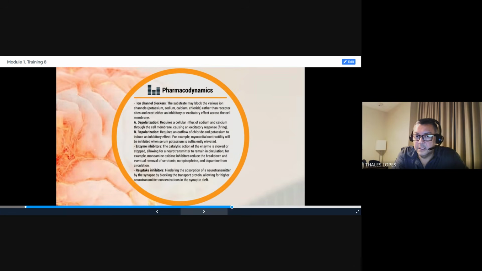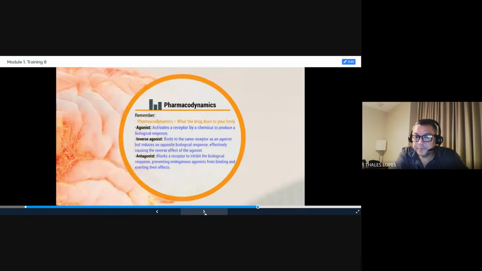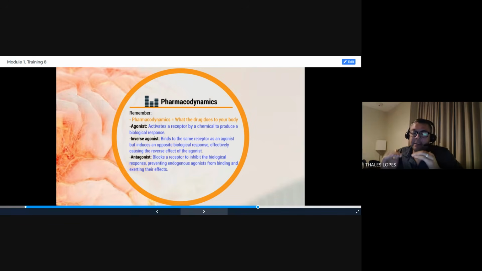Okay, so now we could also go into pharmacokinetics. We went through the receptors. We can talk about ion channel blockers, like calcium channel blockers, potassium channels. That is not super high use for the test. Okay, so I will skip that part. It's more pharmacokinetics overall, but not super high use for the test.